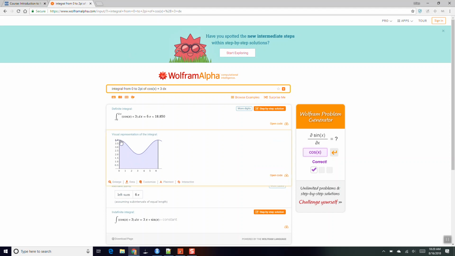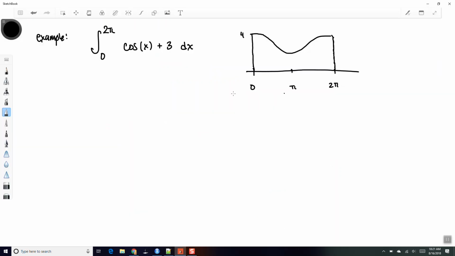Okay, so we have this picture, and it says we get 18.85, a total area of 6 pi. So our answer is around 6 pi, about 18.85.